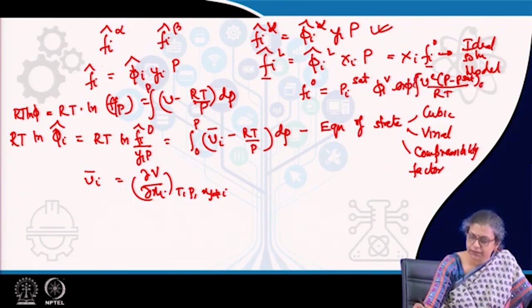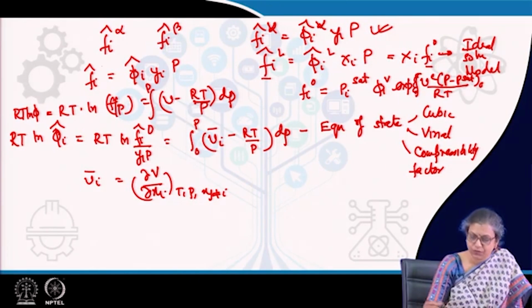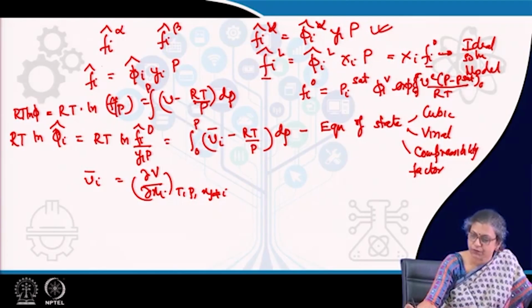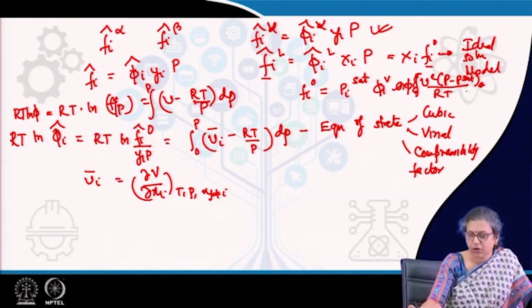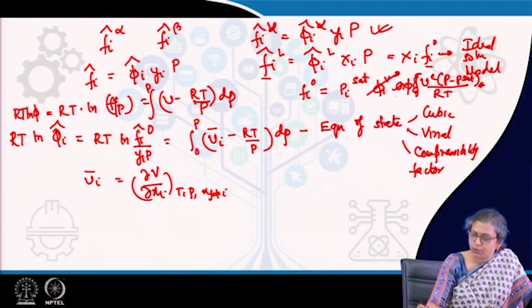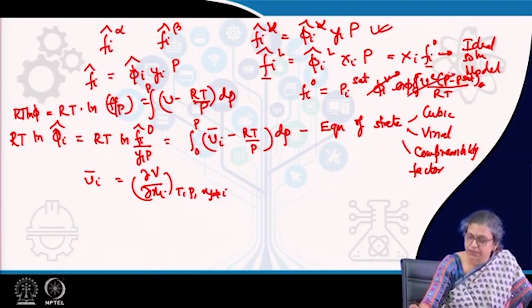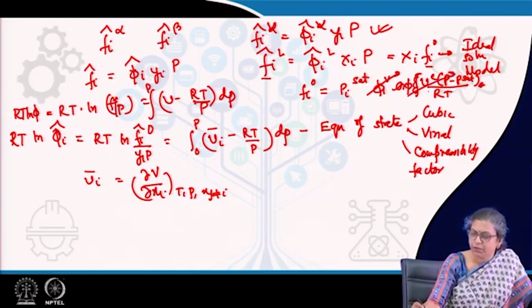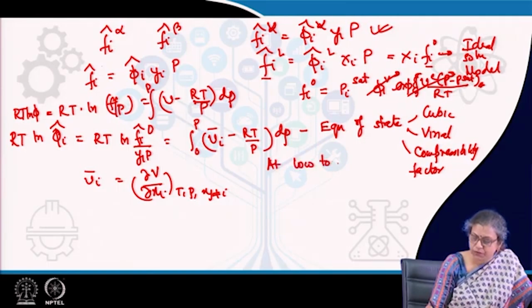Or rather, this is not required, since I assume V_L is constant. So, therefore, f_i0 is a product of these three things, right. So at low to moderate pressures, what do we find? This is almost equal to 1, because P is close to P saturated and V_L is constant.